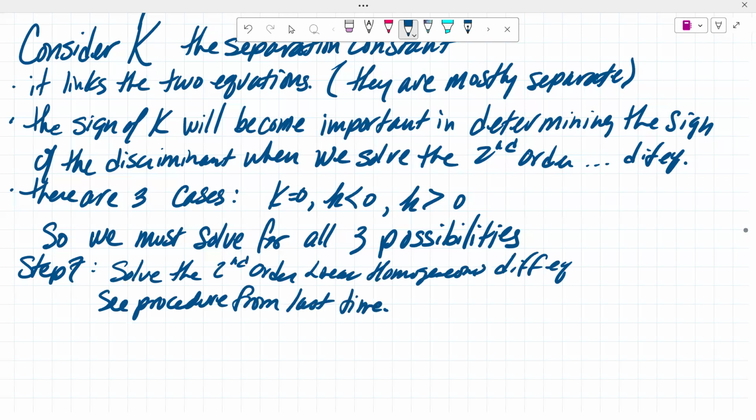Alrighty, there's no time like the present to get started with that. So let's start with the X equation.